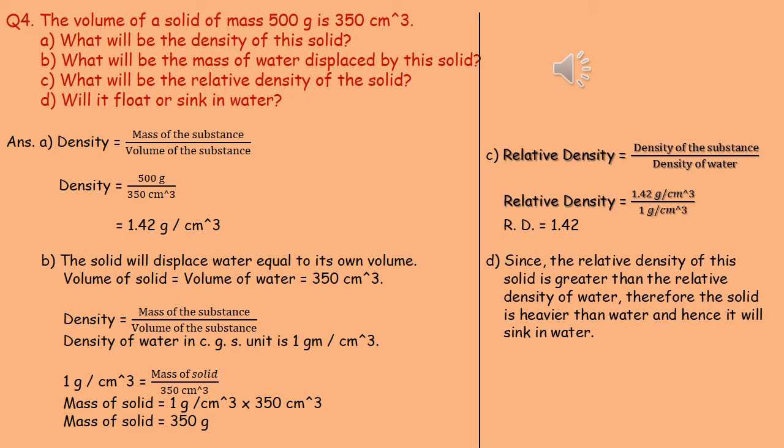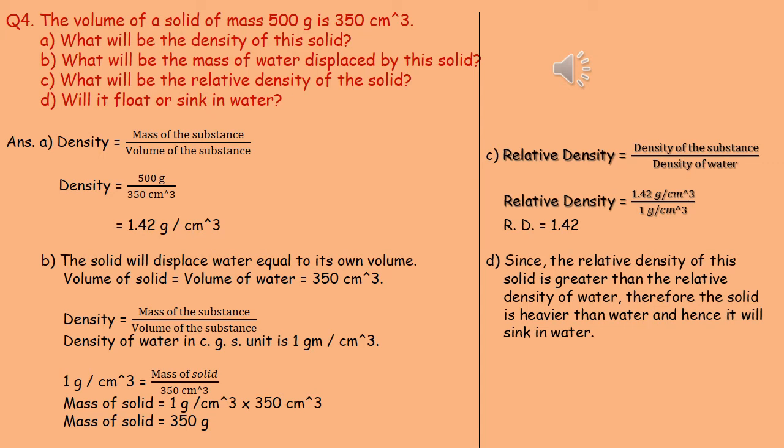Density is equal to mass by volume. In the previous part, we have considered the density of the solid, but here we'll use the density of water. So density of water is in CGS unit 1 gram per centimeter cube. Why we are choosing CGS unit here?